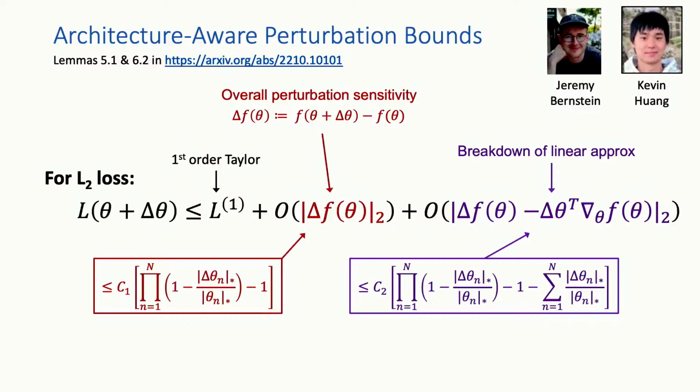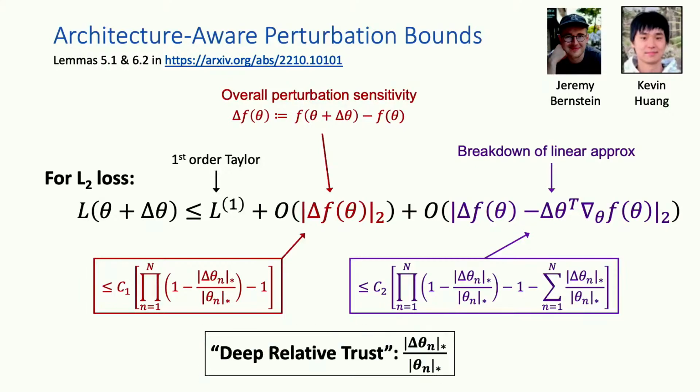And the thing I want you to notice, I won't deconstruct every term in here. If you're interested, you can read that arXiv link, which is actually Jeremy Bernstein's PhD thesis. You get this thing that Jeremy calls deep relative trust, which is that you start to design this majorization, or analogously a trust region, that depends on the relative magnitudes of the perturbation with respect to the size of the weights in each layer.